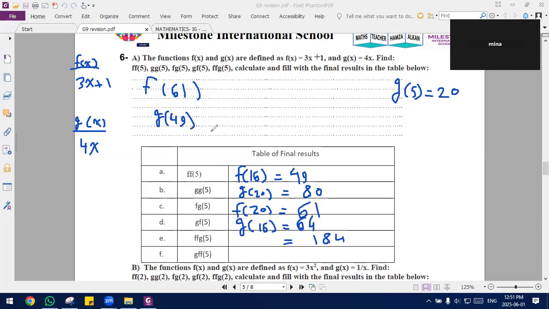What does that mean? 49 times 4. 50 times 4 is 200, take out 4, 196. Okay, do you understand it? So for these ones, we always solve the last letter first, and then the answer, we use it for the next one.